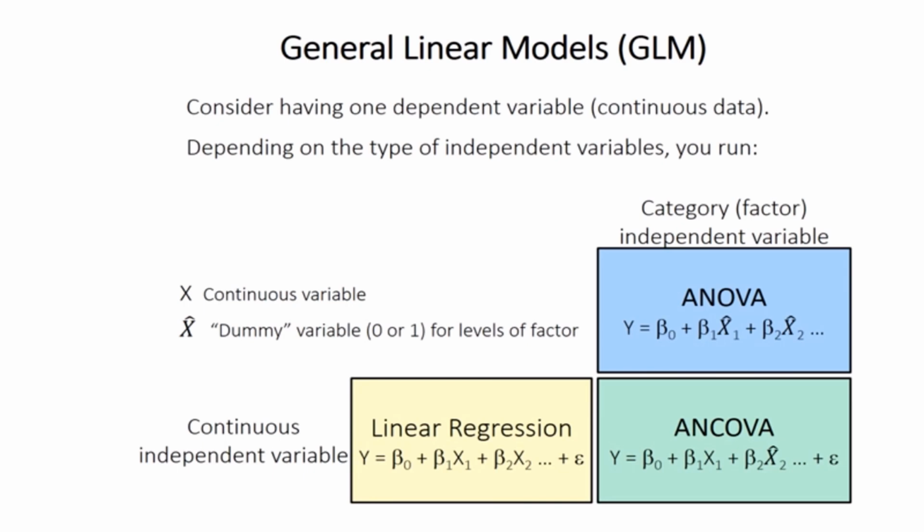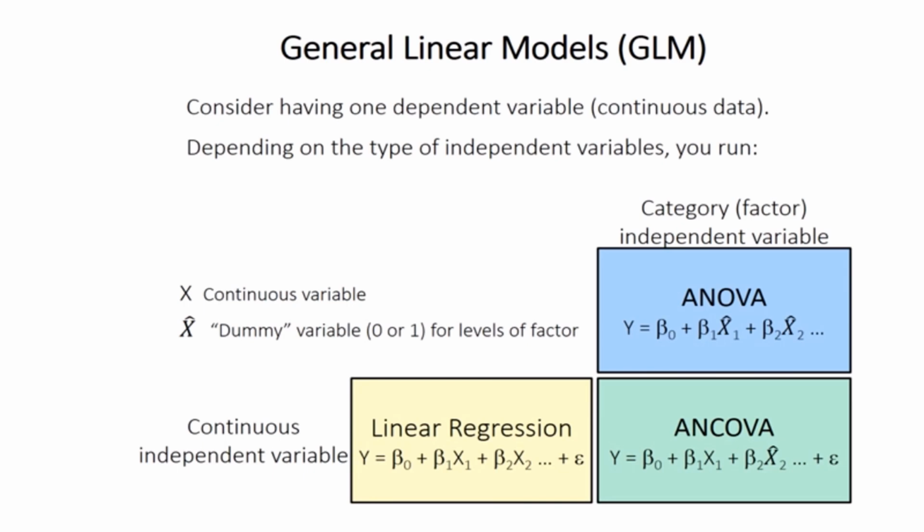Consider having one dependent variable that is continuous data, and depending on the type of independent variable you get different models. One is the ANOVA, with a categorical factor as the independent variable, with dummy variables 0 to 1 for the levels of the factors. With a continuous independent variable, that is a linear regression.